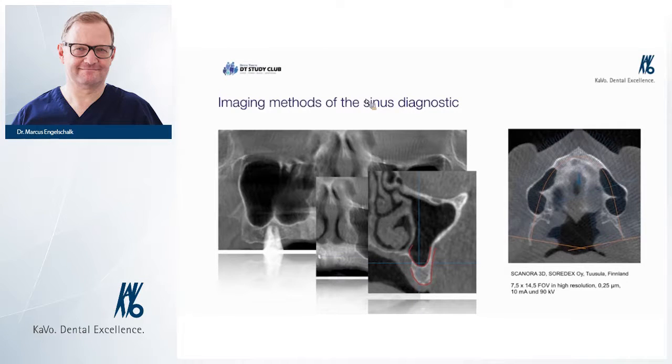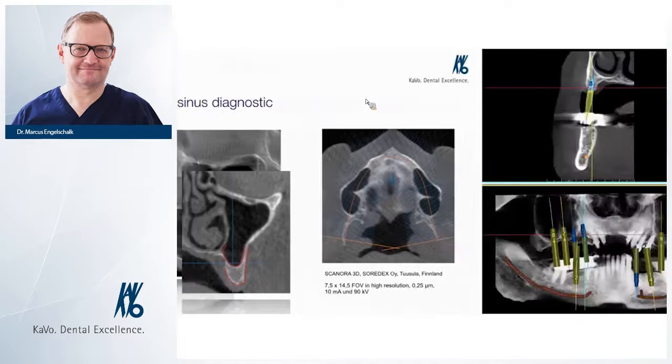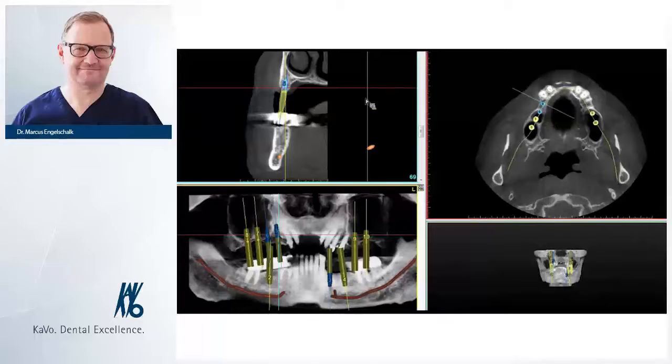Well, imaging methods are very clear. If you're performing the external sinus floor elevation, it's very easy because you have direct access and you can see what you're doing. If you do it the internal way, it's more difficult because the entrance to the sinus is very, very small, because we choose this way of minimally invasive therapy.